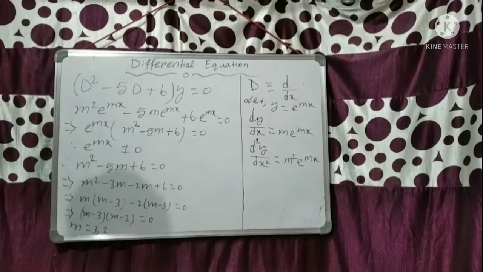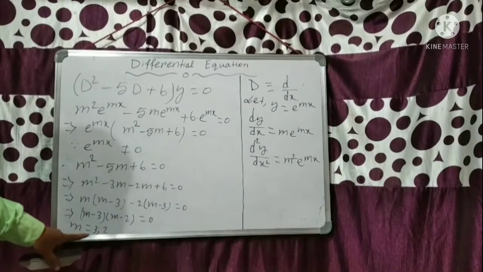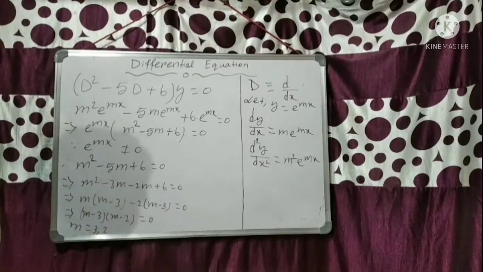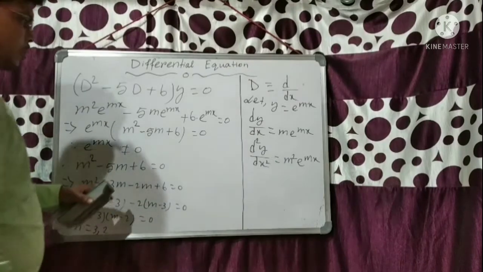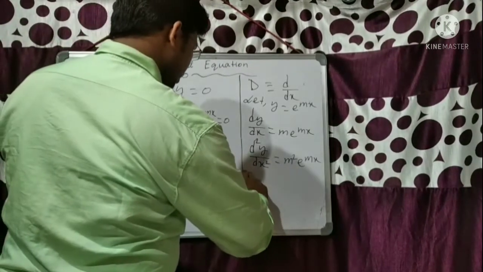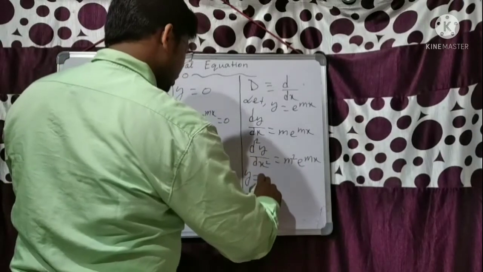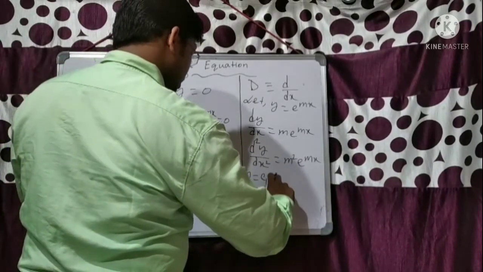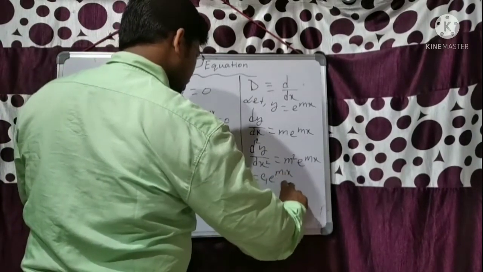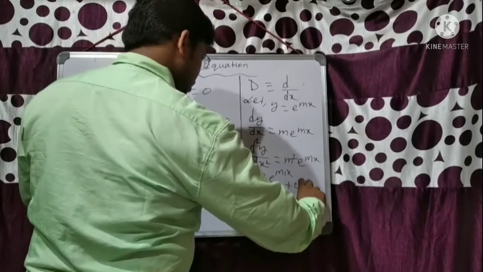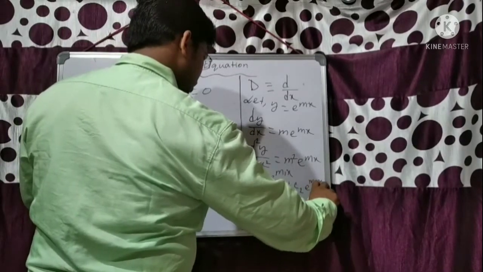These are real and distinct values. If we get real and distinct values, in that case the general solution of a differential equation is c1 e to the power m1x plus c2 e to the power m2x.